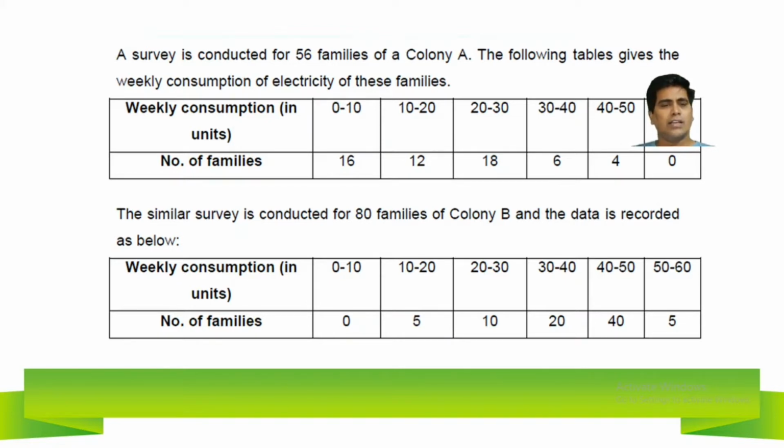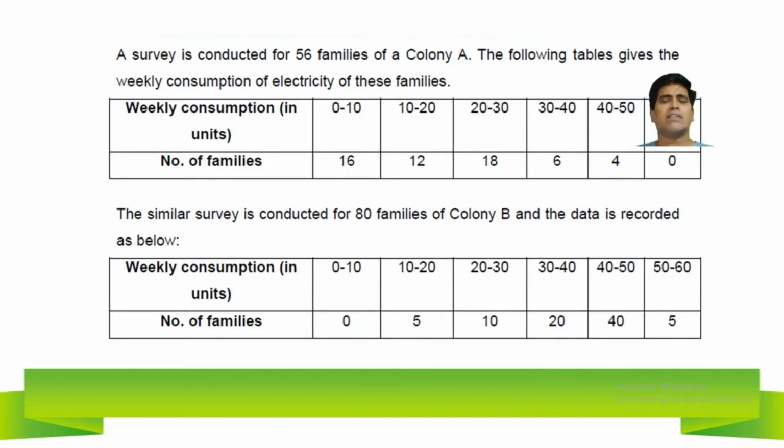The data is recorded below, with the same weekly consumption in units and number of families. 0 to 10, nobody is here; we don't have anyone using less than 10 units, so in this colony everybody is using more. 10 to 20, 5 families; 20 to 30, 10 families; 30 to 40, 20 families; 40 to 50, 40 families; and 50 to 60, 5 families. So these two tables are very important for our calculation.